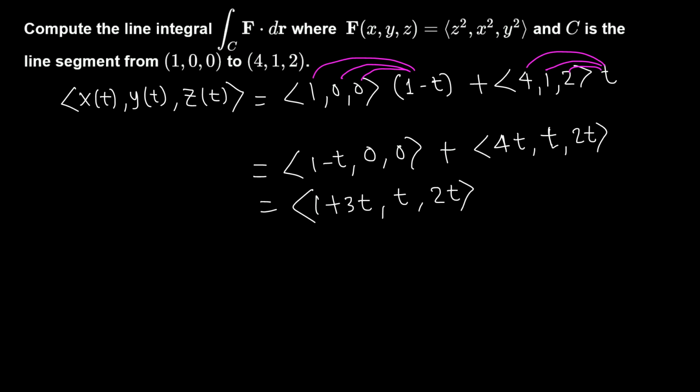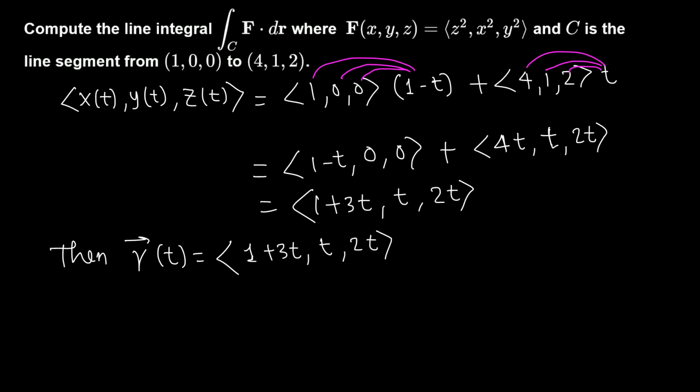So the parametrization for this curve C is, then, r of t is in fact (1 plus 3t, t, 2t).